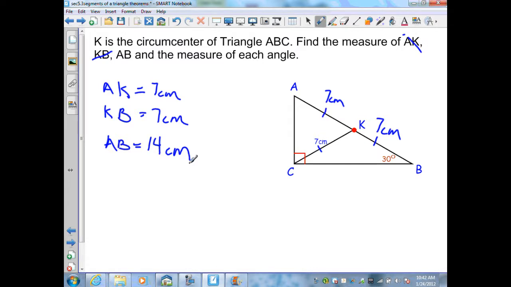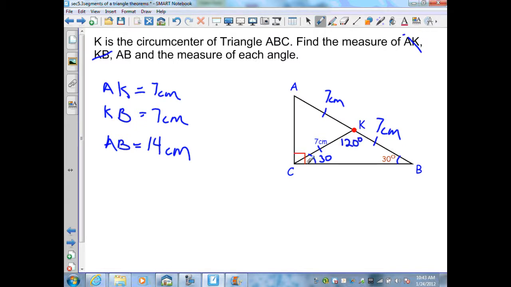As stated on previous slides, when we know this theorem occurs at the circumcenter, we're given isosceles triangles. Therefore, I know that triangle CKB is an isosceles triangle. Therefore, I know that the angles opposite those sides are congruent. Therefore, KCB is 30 degrees. If these two angles are 30 degrees, by the triangle sum theorem, I know that the three angles add up to 180. 180 minus 60 leaves me this angle to equal 120 degrees.